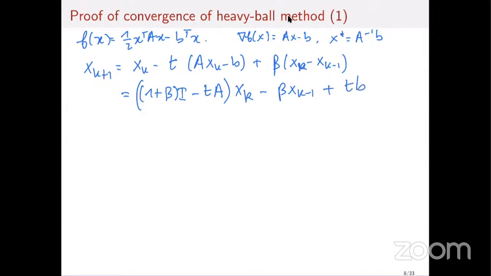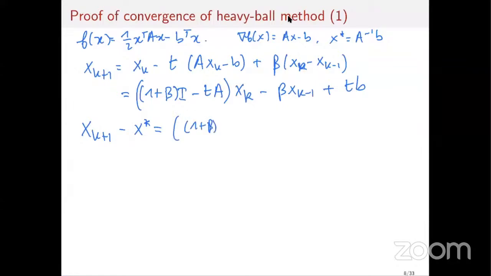So this is really my iteration rule. So I have x_{k+1} as a function of x_k and x_{k-1}, and then I have this constant term t times b. What I'm interested in is really x_{k+1} minus x star. So I can write x_{k+1} minus x star as this whole guy. Okay, so let me rewrite it.